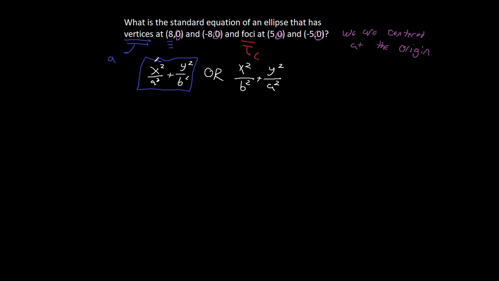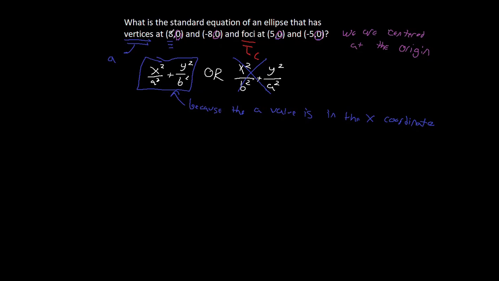So we can cross this out, because the a value is in the x coordinate.